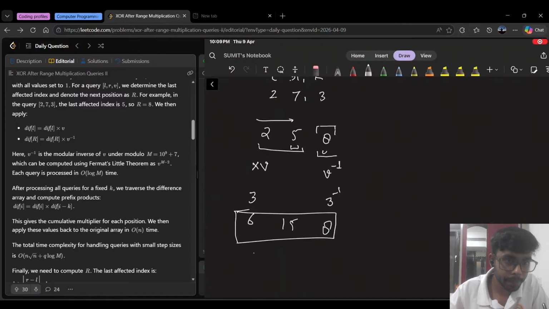One thing I got here: difference I is equal to difference I times difference I minus k.